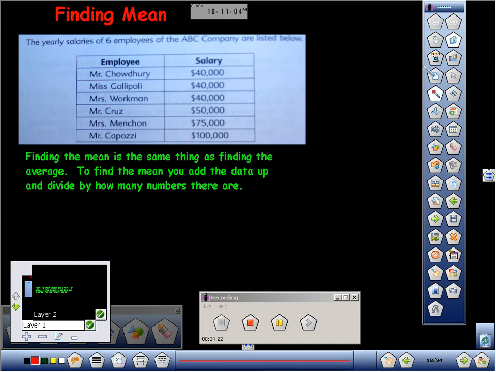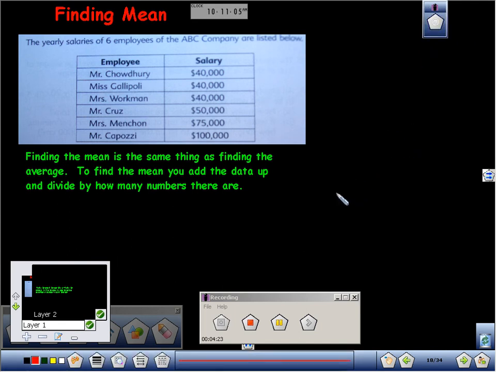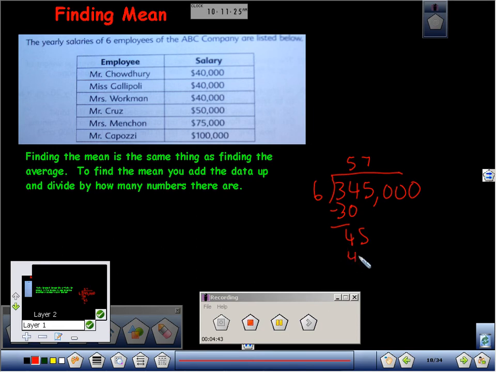Let's go back to 345,000. And we have to divide that by 6. 6 times 5 is 30. Subtract, you get a 4. Bring down the 5. 6 goes into 45 7 times, which is 42. 45 minus 42 is 3.